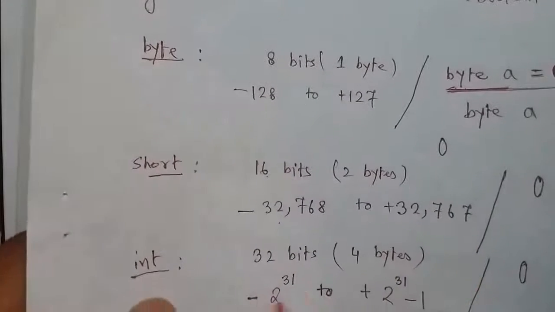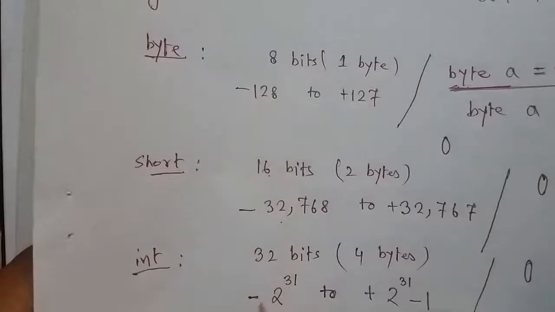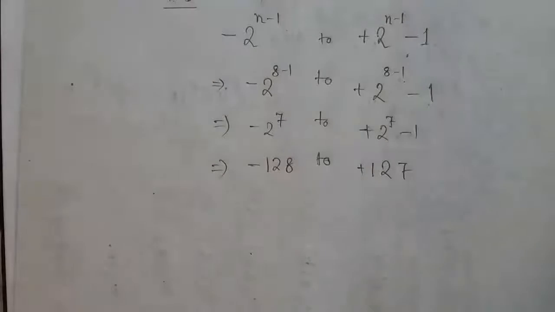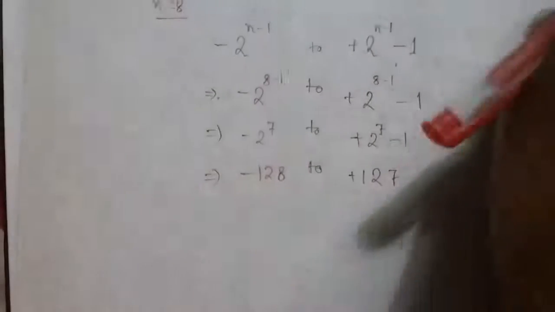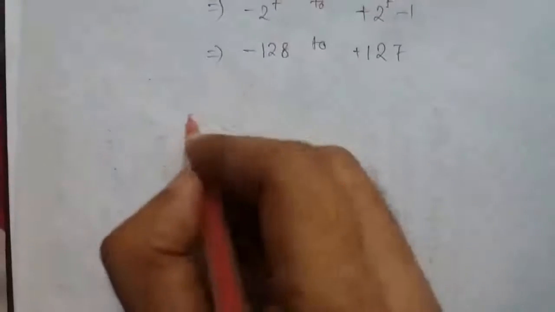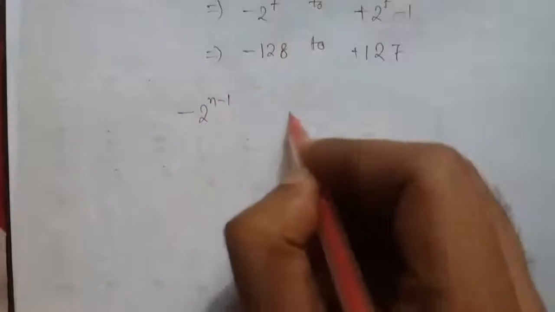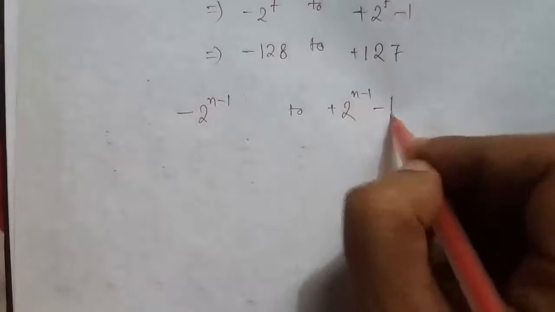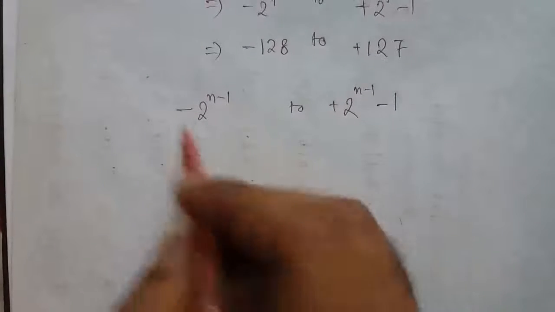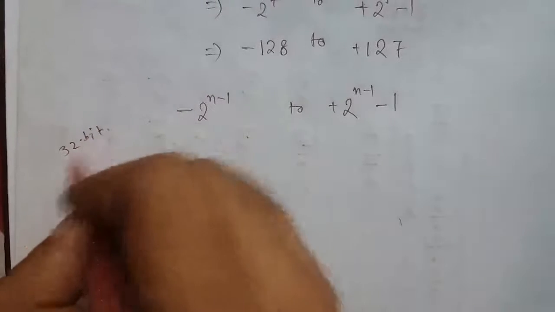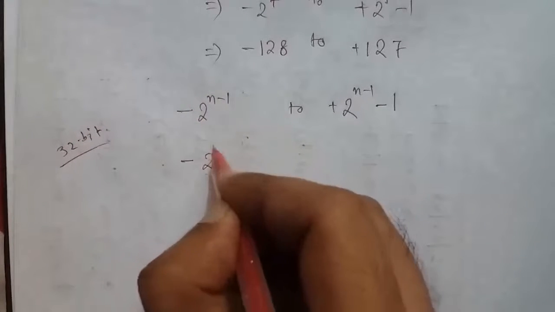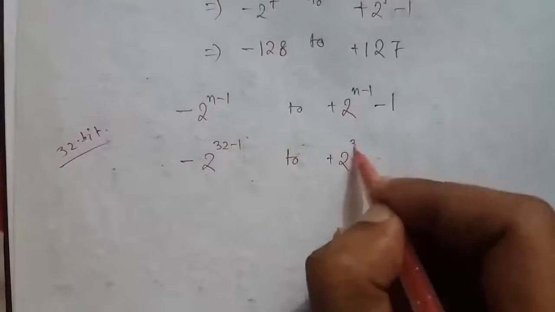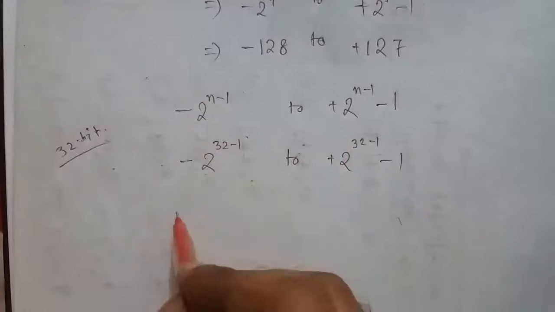Similarly in case of int, how are we getting 2 to the power 31? What is the memory size? 32 bits. And what is the formula? Minus 2 to the power n minus 1 to plus 2 to the power n minus 1, minus 1. int means 32 bits, so placing the value: minus 2 to the power 32 minus 1 to 2 to the power 32 minus 1, minus 1.